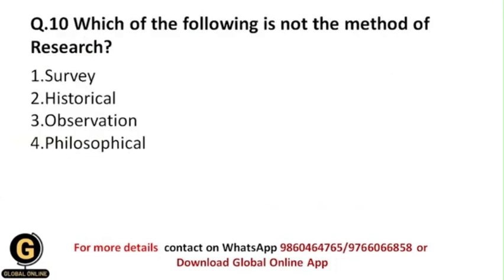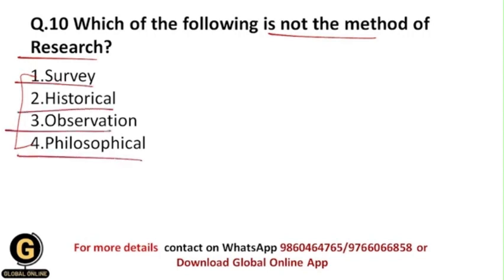Okay. Next is, which of the following is not the method of research? Now, from these options, which is not the method of research, whether it is survey, historical, observation, philosophical. Now students, we need to understand exactly what the method of research is.